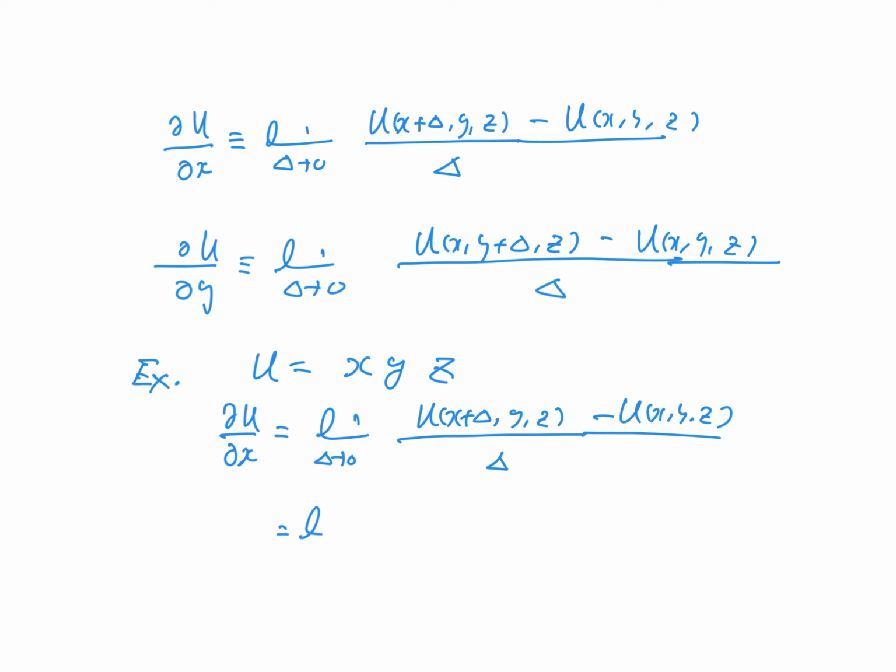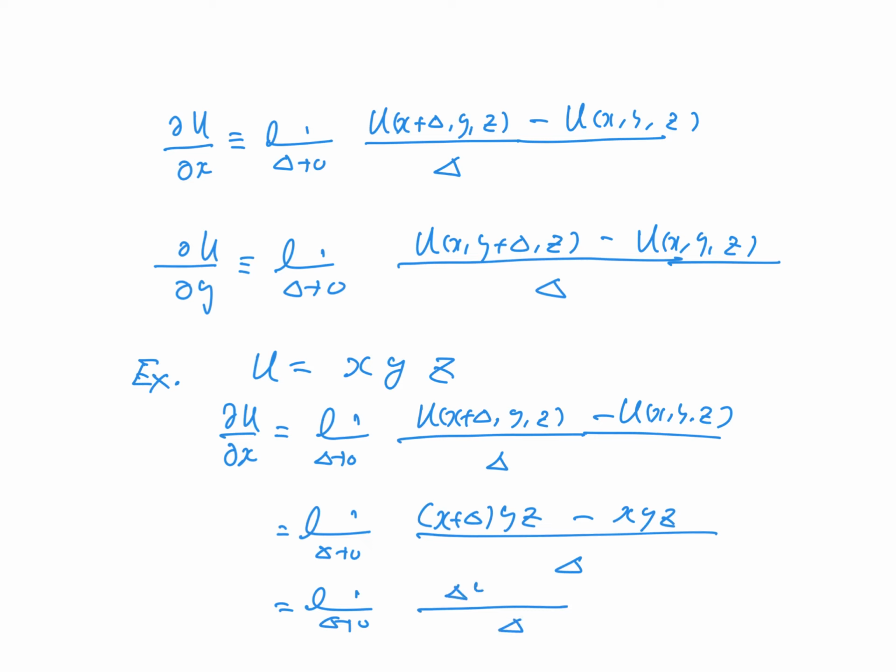So this is the limit of (x plus delta)yz minus xyz, over delta, which is yz.